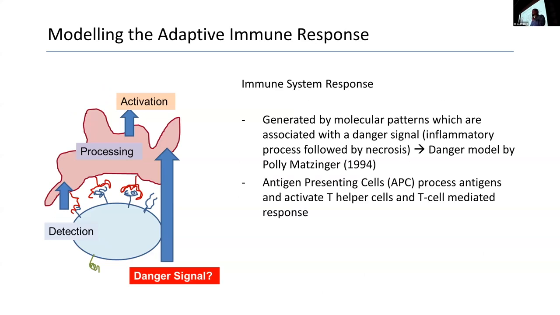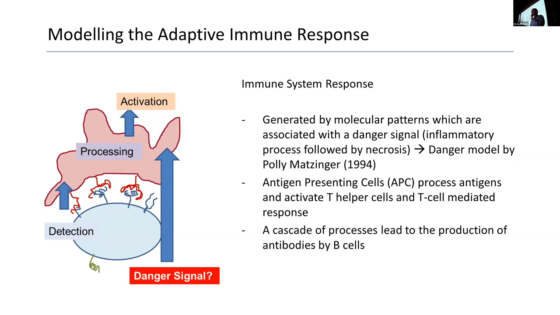Then we have the antigen presenting cells, the APCs, which in principle detect molecular patterns, process them according to danger signals, and then prime T helper cells, that at the end lead to a local T cell response.